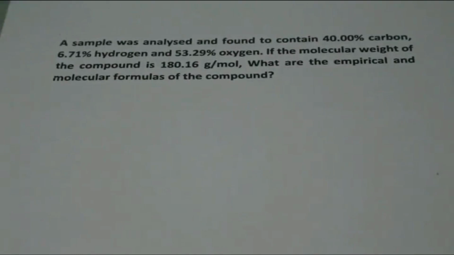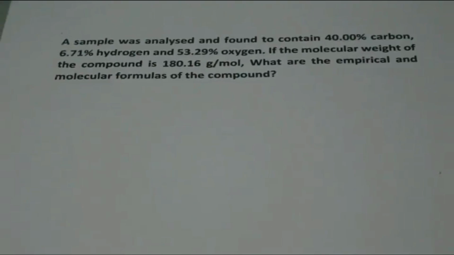If the molecular weight of the compound is 180.16 grams per mole, what are the empirical and molecular formulas of the compound? To answer this problem, first we must convert the elements to grams.